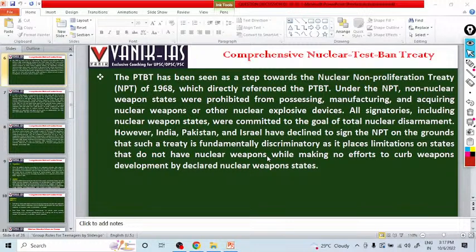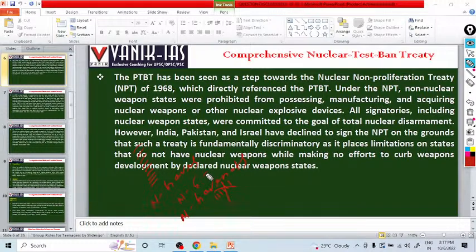While the nuclear haves are permitted vertical proliferation, so N haves and M have-nots. N haves are allowed vertical proliferation, but have-nots were prohibited from any. Fine. So no one can join beyond these 5. These 5, N power, N5.